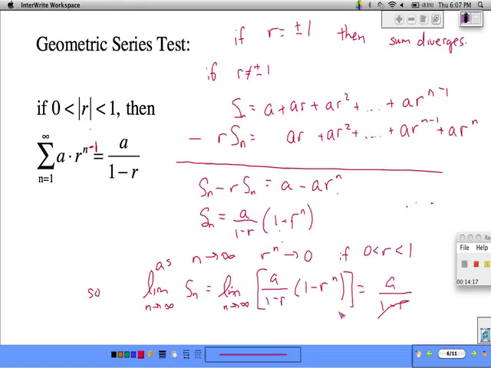But that's not the end of the proof. What we've shown now is that this will converge if r is between 0 and 1. But we have to now show that this doesn't work if r is bigger than 1.